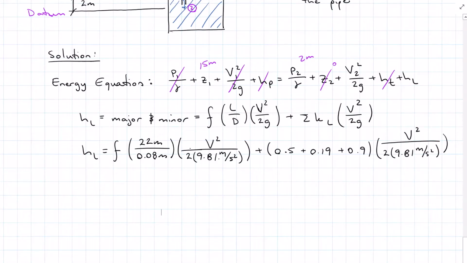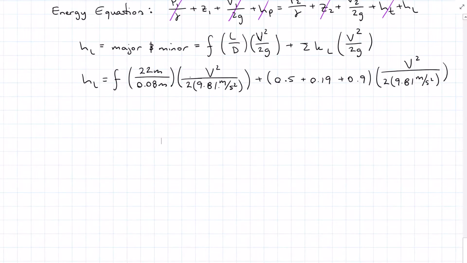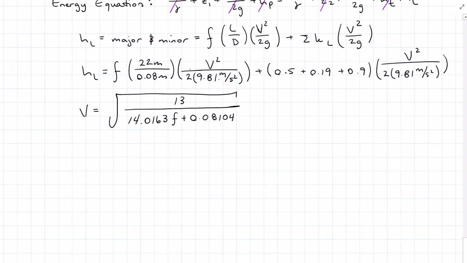Plugging this all back into my energy equation and solving for velocity, I get velocity in terms of friction factor again. So this is exactly what we had with that last example, only this time we have minor losses included.